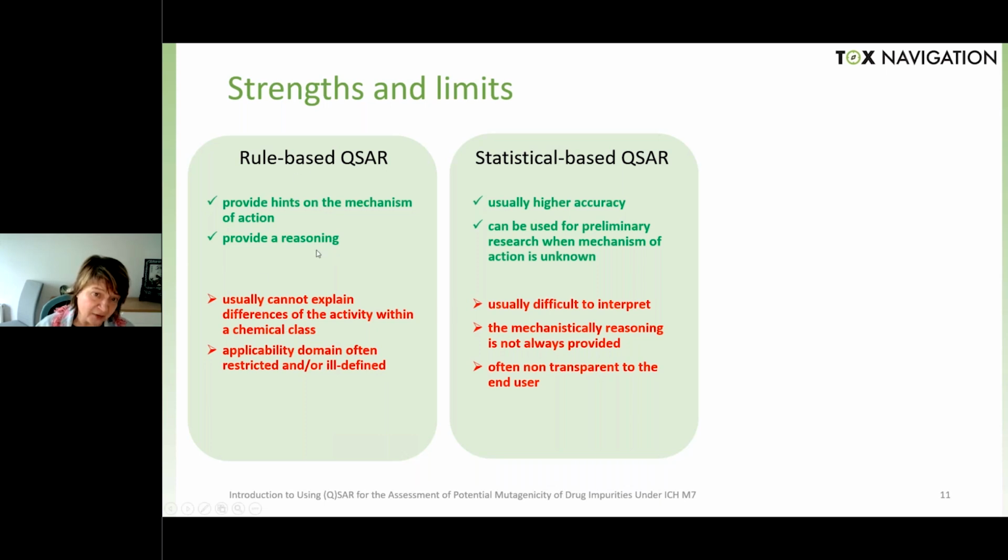So typically, a rule-based QSAR is able to say that a specific functional group can be potentially mutagenic without explaining the difference in activity in the same chemical class. This is a simplification, of course. Different models can give different information, but typically this is the type of information that you get from a rule-based QSAR.